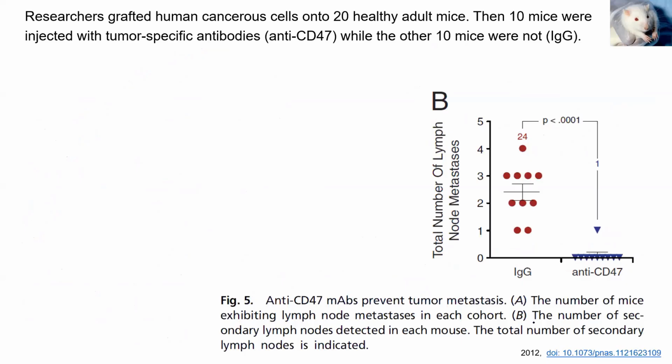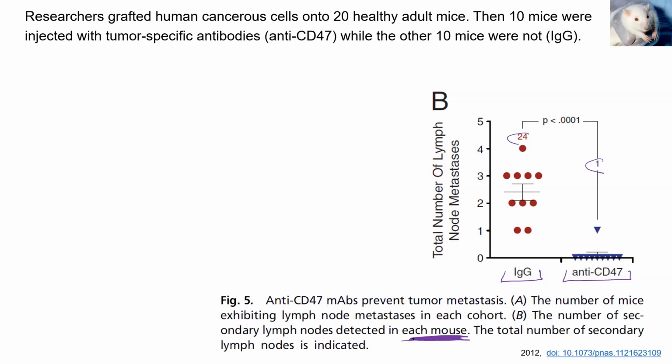In the second part of the figure, in graph B, we still have the two conditions imposed, the two groups. And now we see that in the vertical axis is showing total number of lymph node metastases. So it's those numbers. And the dots represent the number of secondary lymph nodes or lymph node metastases detected in each mouse.